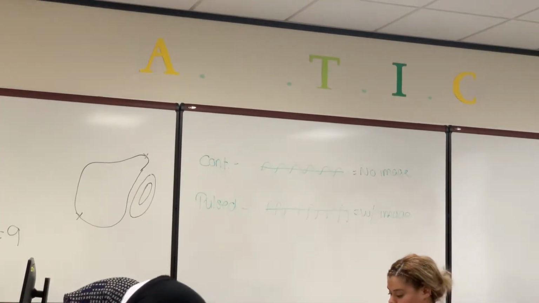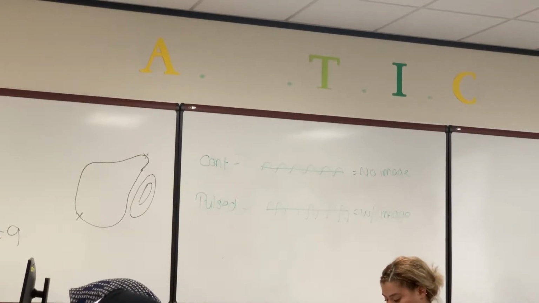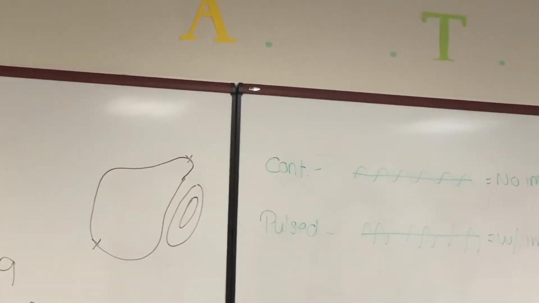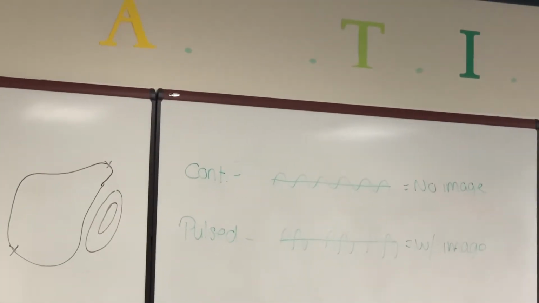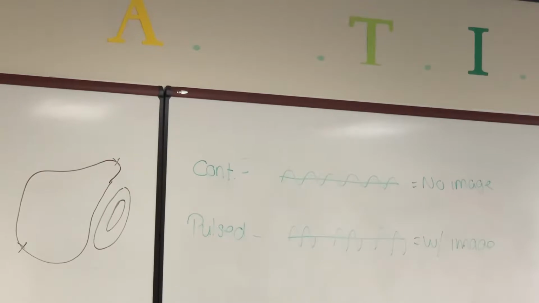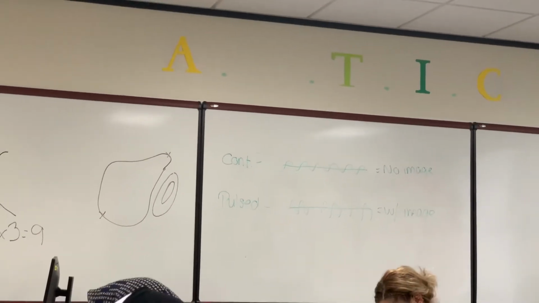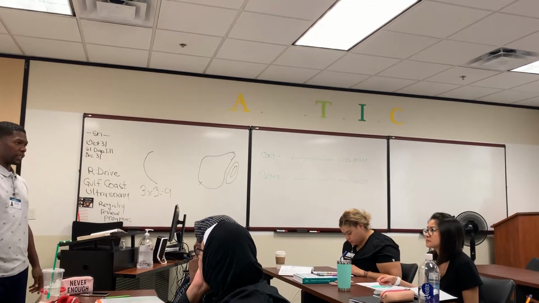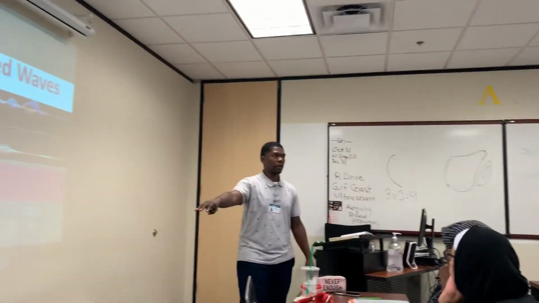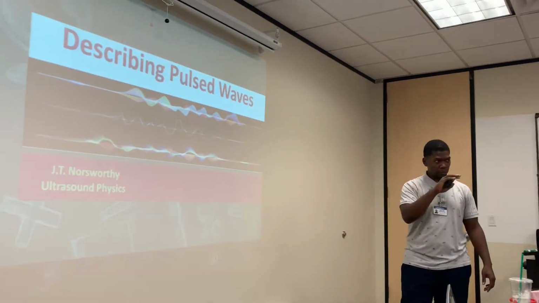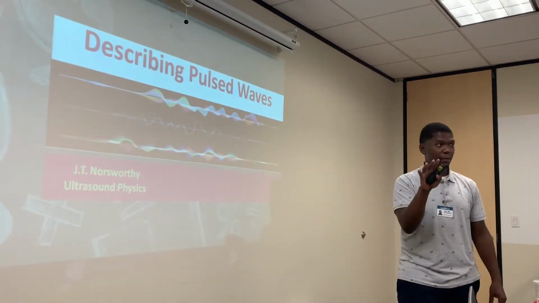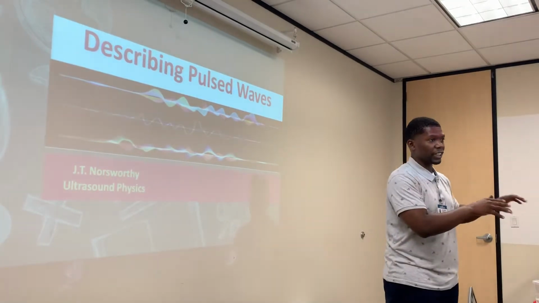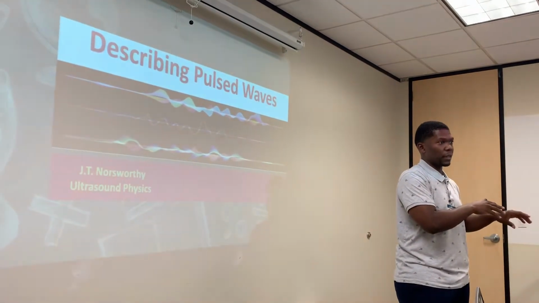Remember, however intense the ultrasound reflects back, whatever is intense is going to be displayed as a shade of white. If the beam transmits, then there's no reflection, so it's going to be displayed as black, which is why you don't see anything in the bladder: it's fluid, so ultrasound transmits through that fluid. However, the intensity of the returning echoes is going to be assigned a shade of gray or a shade of brightness.